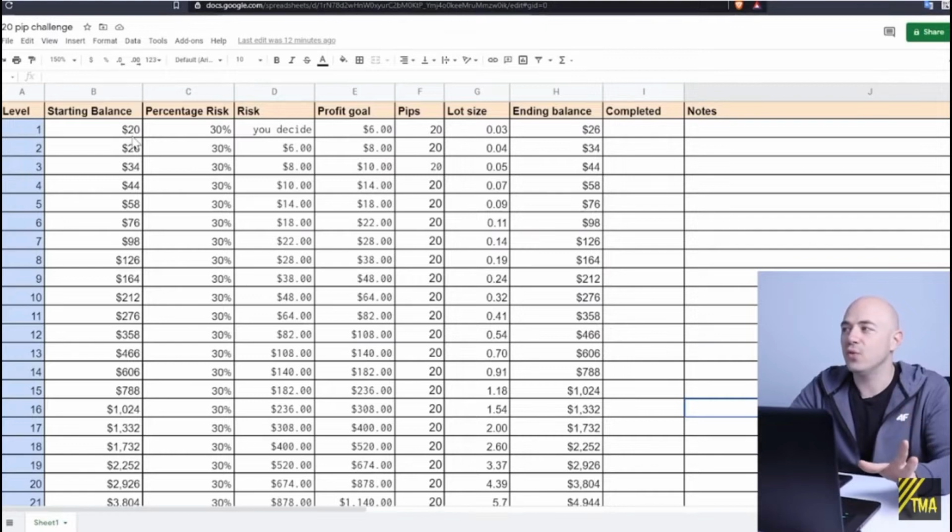So you start off with $20, you want 30% growth, so that means your profit goal on that trade is $6, and the lot size for 20 pips is 0.03. You get that $6, you add it to your main account, and you try to get 30% of the next one. The next trade profit goal is $8 for 20 pips, and so on and so forth.